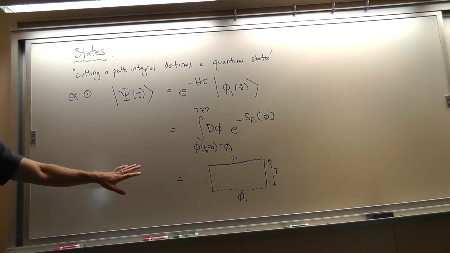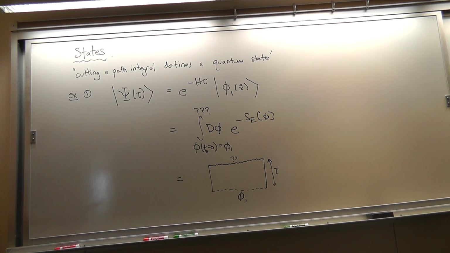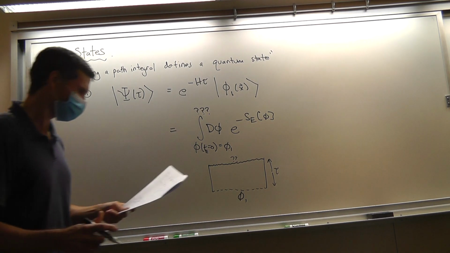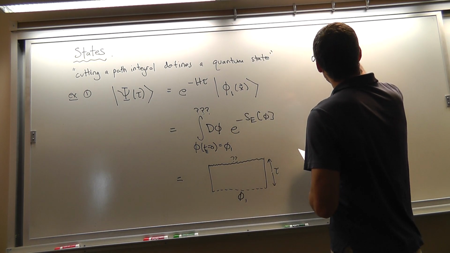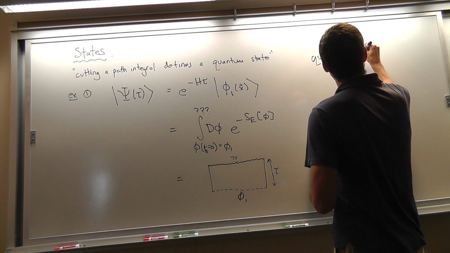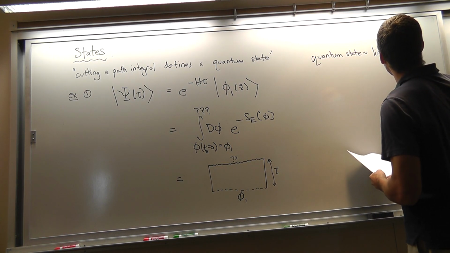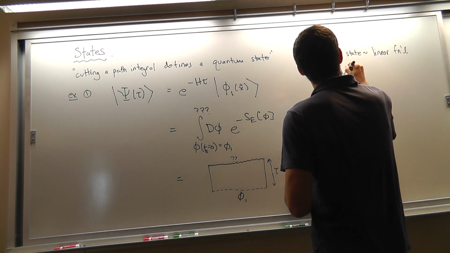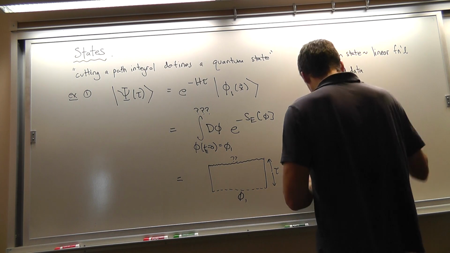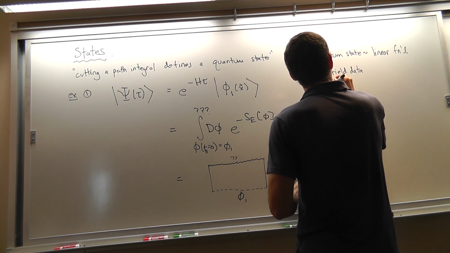So what this picture is really telling you is a recipe. Let me write that in words. A quantum state you could think of as a linear functional on spatial field data.